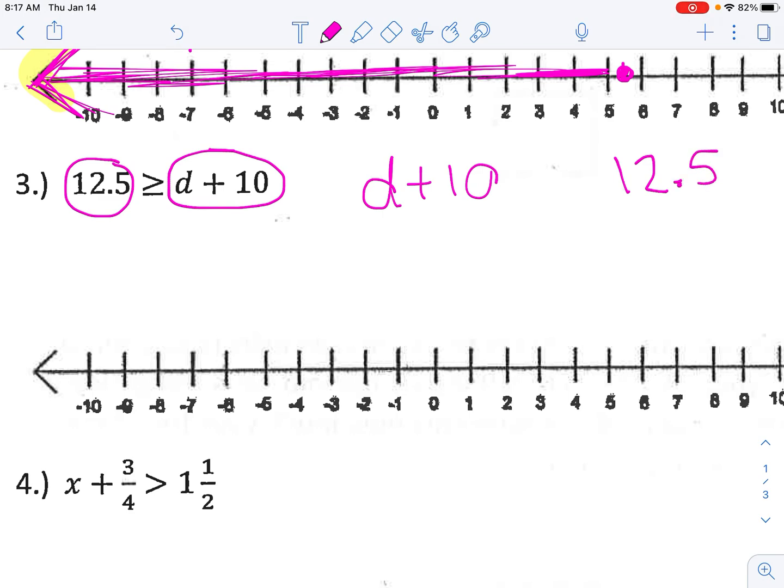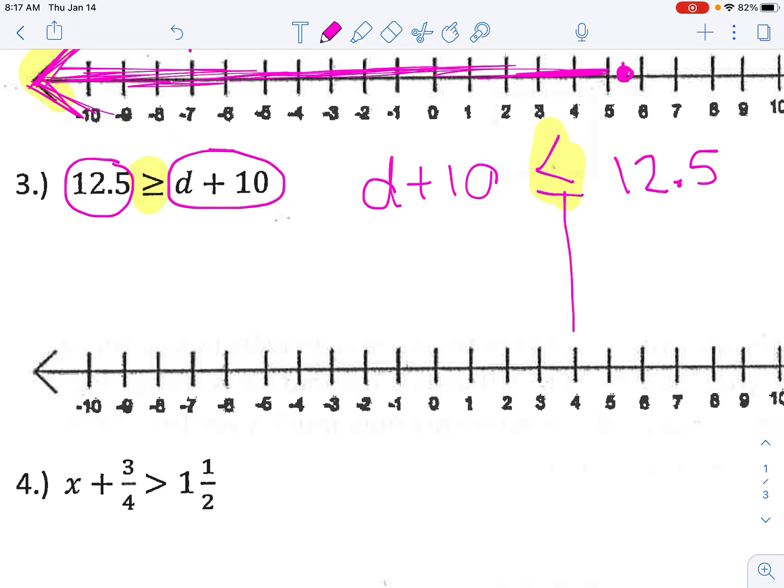Now, a very important rule: when you flip your variable, you have to flip your sign so that it means the same thing. Since this is greater than or equal to, my sign is going to have to flip to less than or equal to. Notice how those are going in opposite directions.